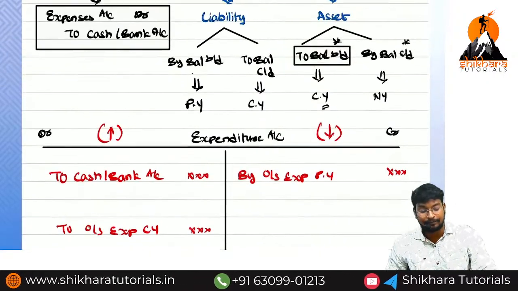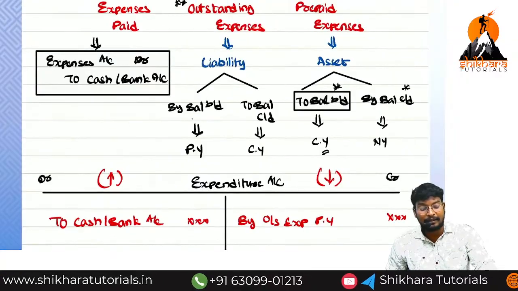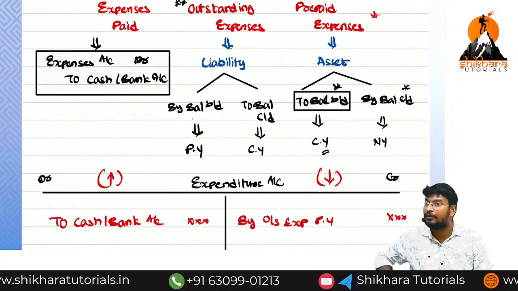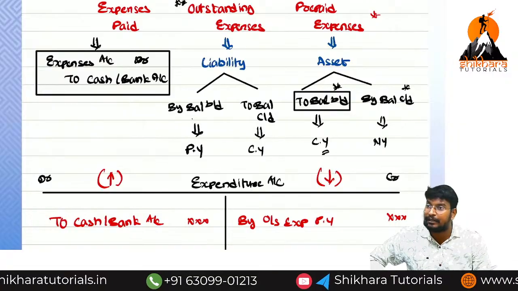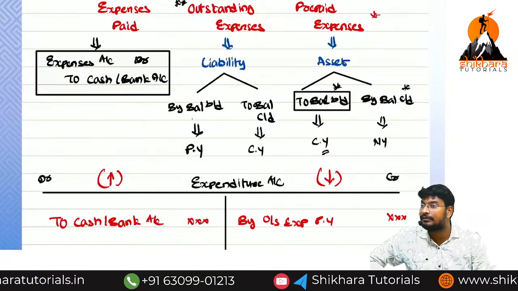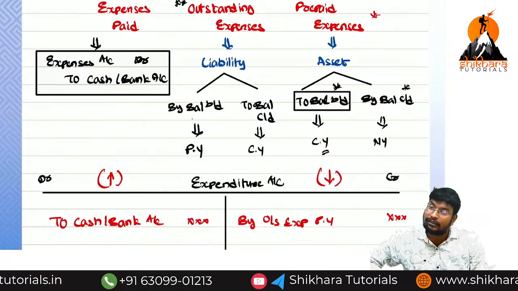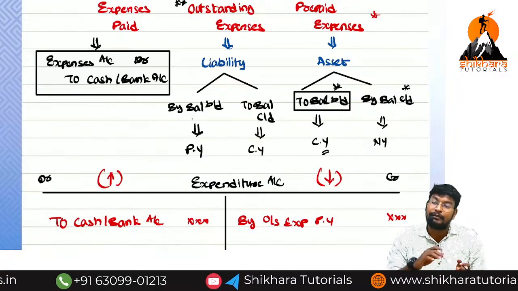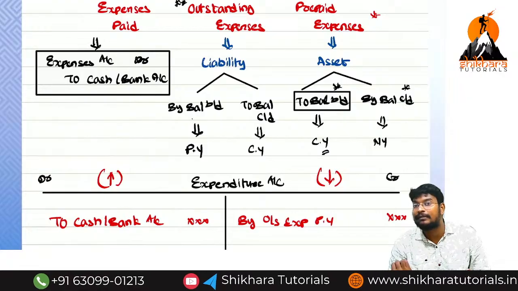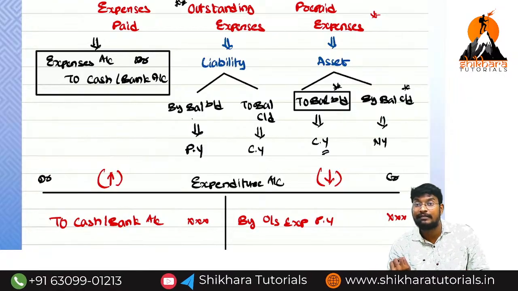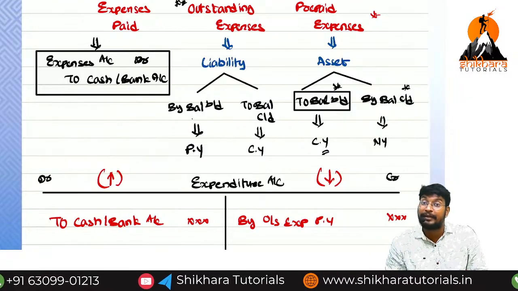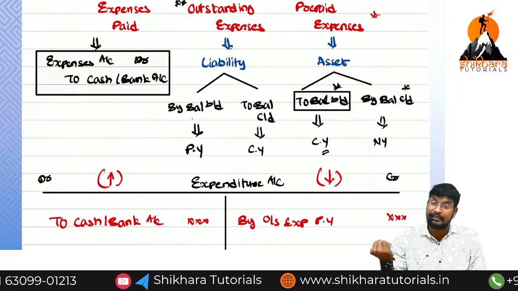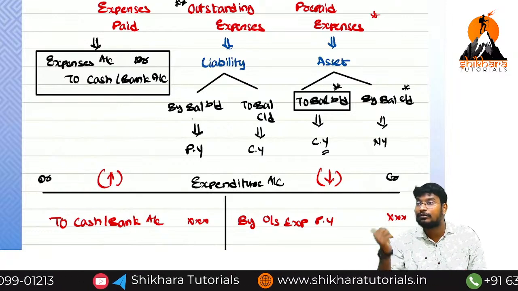The next one, from the prepaid point of view. Opening balance means it belongs to current year or next year? The opening balance is equal to the closing balance of the previous year. That means the prepaid expenses we paid during the previous year belong to the current year.